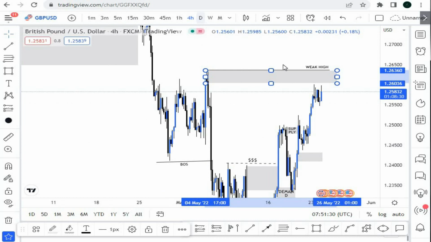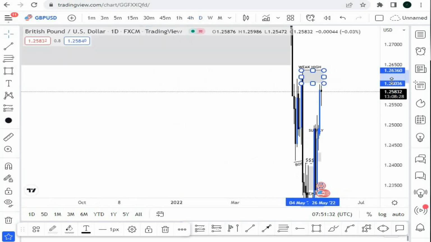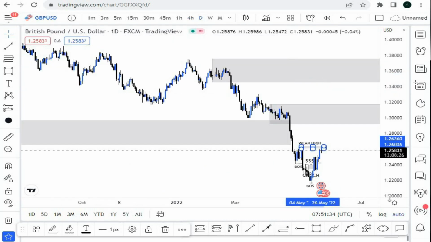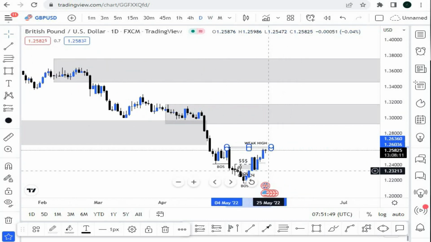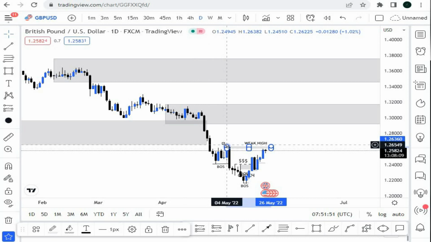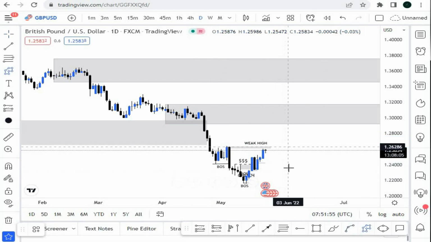As well, you'll be focusing on your daily time frame, because now you understand the price is coming from the major demand zone which we found in our monthly, and then we refined it to our weekly time frame, and they've given you a nice move from that zone area. So this was the last lower high, so that's when you can expect the price to do something like this.